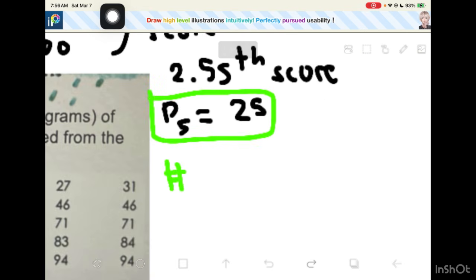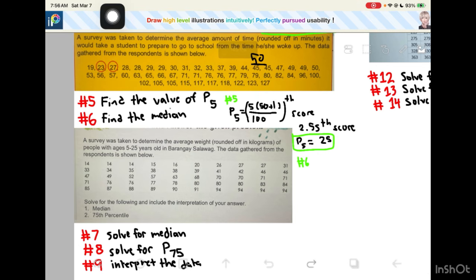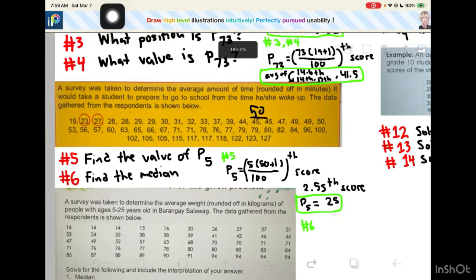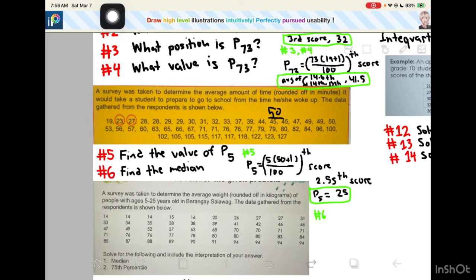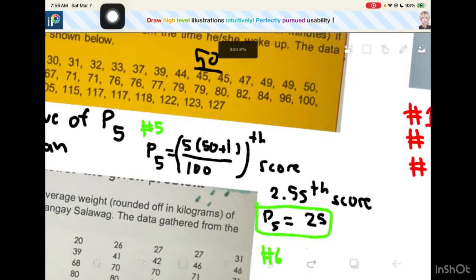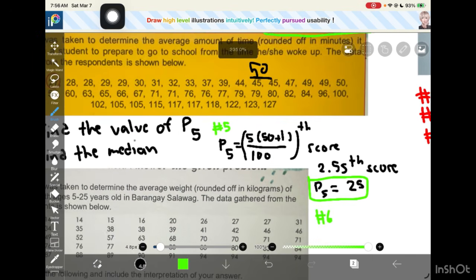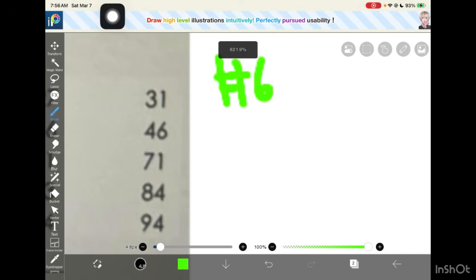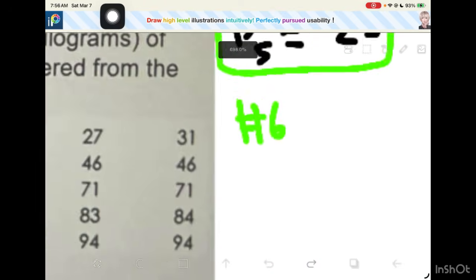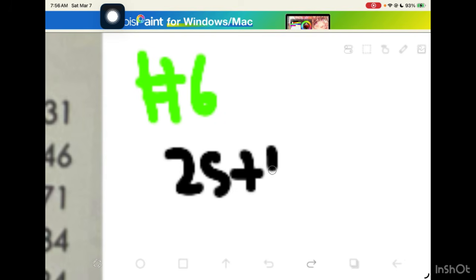Next, number 6. So find the median. There's two ways to do this. You can either find the 25th and 26th position, or you could just use P of 50. So let's just do it the easier way, since we know it's the 25th and 26th.